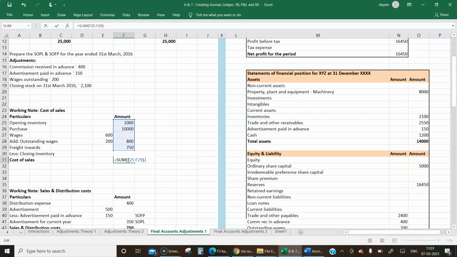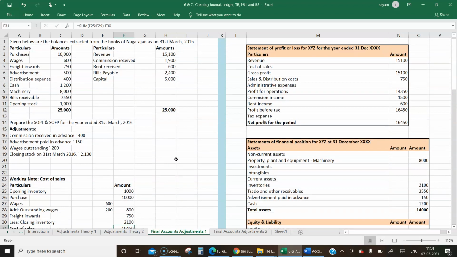So add all the opening stock, purchase, wages, outstanding expense, freight, everything, but just deduct the closing stock. Okay. So our COS is 10,450. So you have to put it here. So it's 10,450.